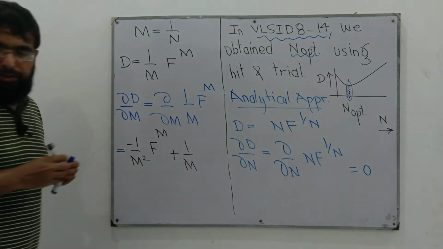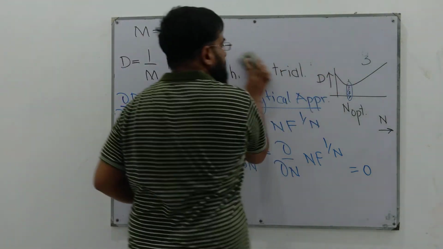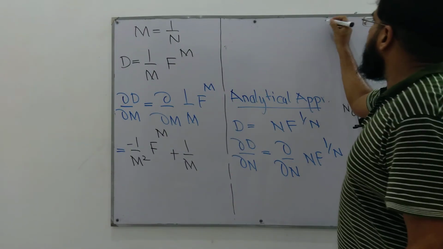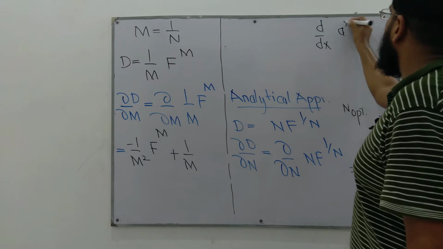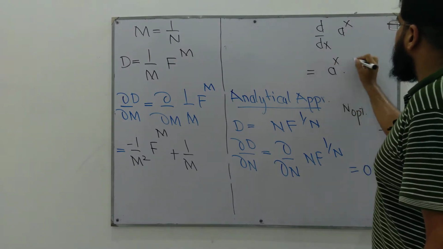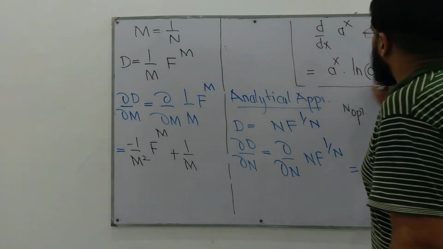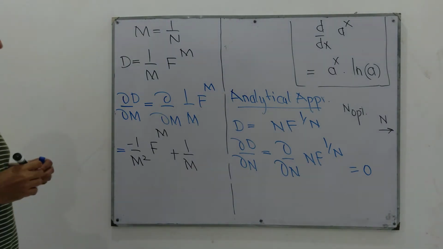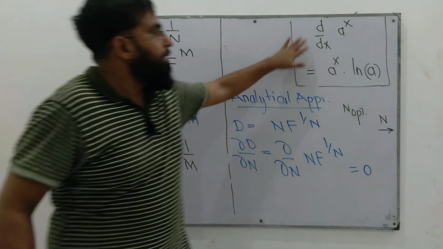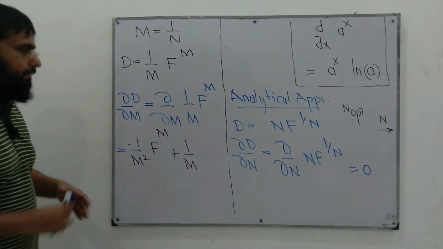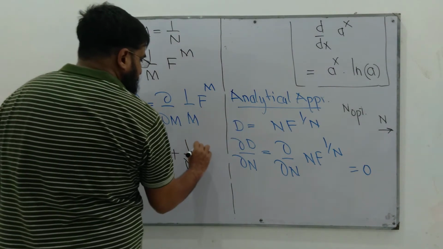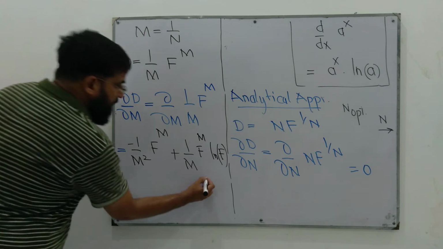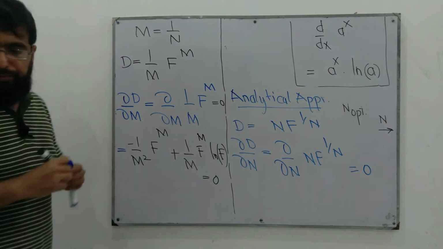We know from elementary classes that d by dx of a to the x is a to the x times log of a. We studied this in FSc and matriculation mathematics; in our elementary classes we derived this expression many a time. So we'll write F to the m log of F, and this should be put equal to 0.